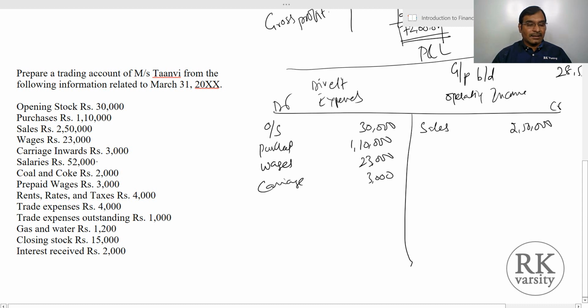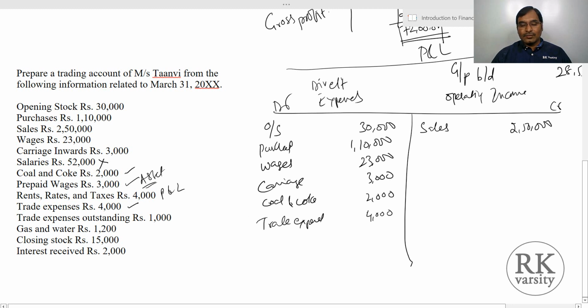Salaries goes to the profit and loss account, so we will not enter it here. Then coal and coke 2,000. Then the prepaid wages is an asset, so this is not shown here, it's shown in the balance sheet. Then rates and taxes, this is again shown in the profit and loss account. Your trade expenses here, trade expenses 4,000.